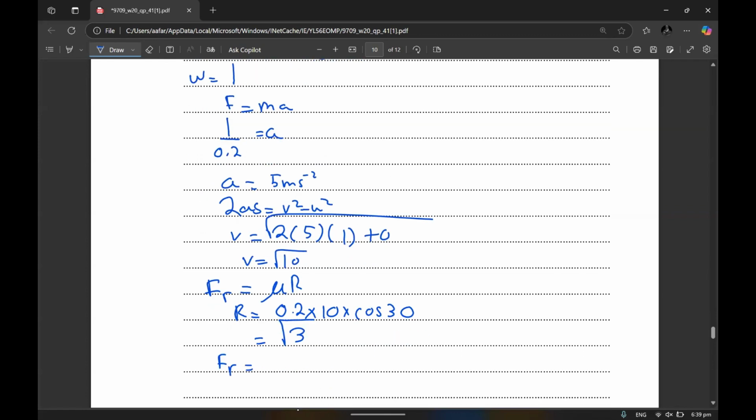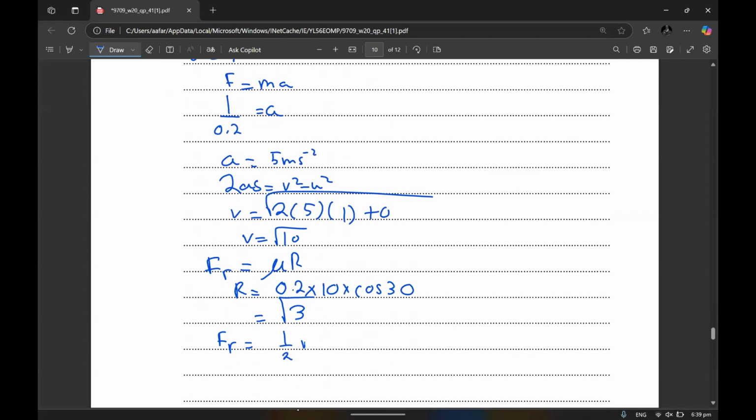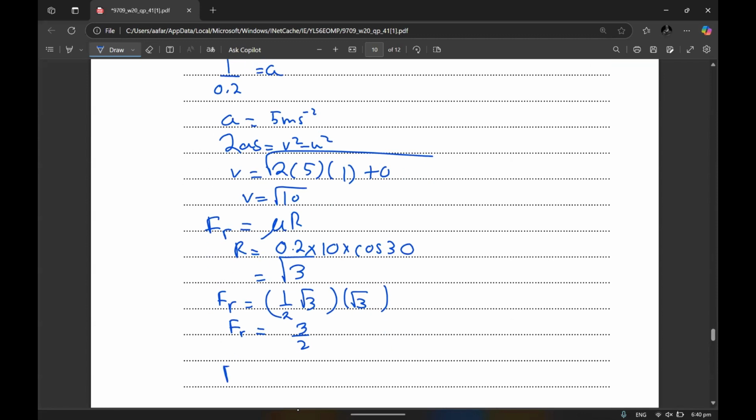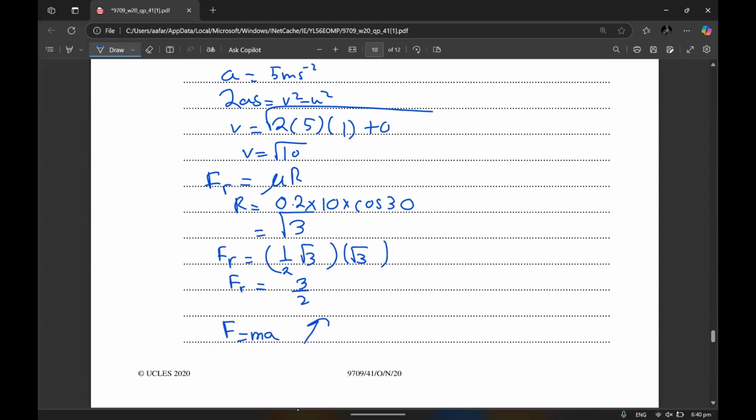So the frictional force is mu, which is half under root 3, into R, which is also under root 3. So we get the frictional force as 3 over 2, yeah, 1.5. So now F is equal to ma, the component of weight, let's take it above.